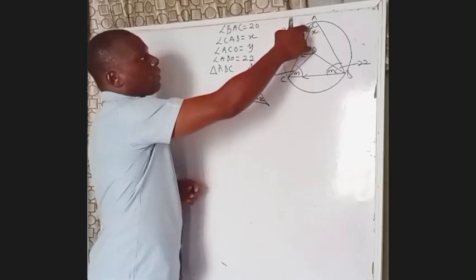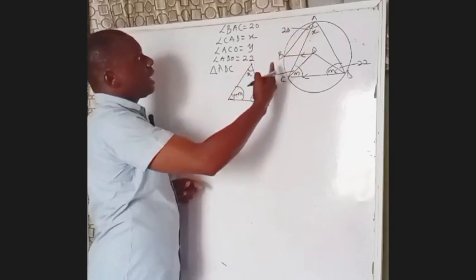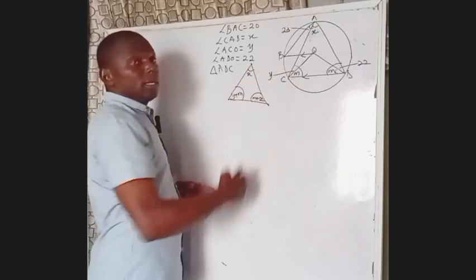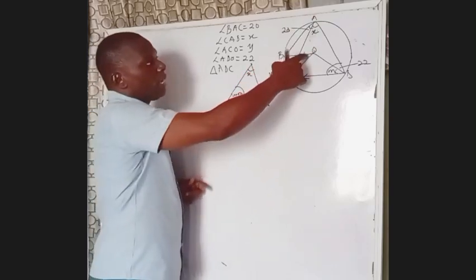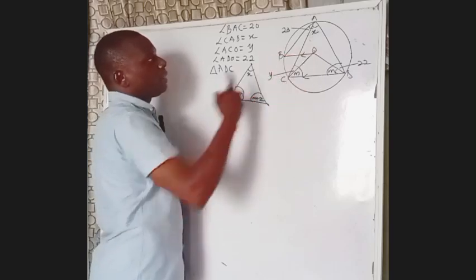Remember that this angle BAC is at the circumference, and the angle at the center is angle BOC.